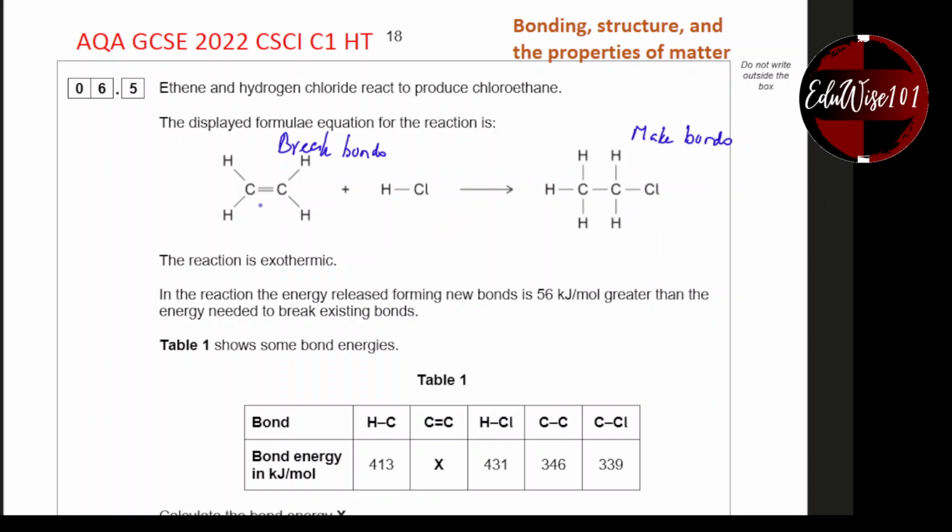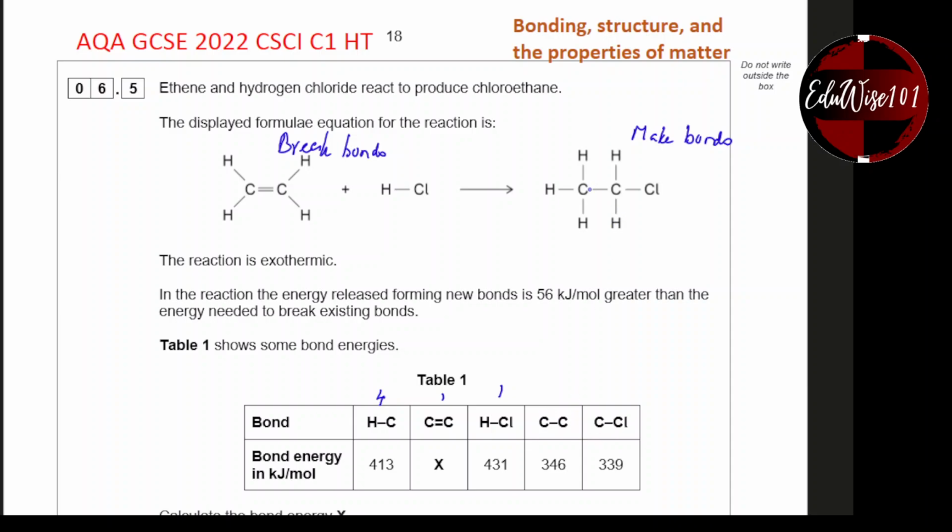Now you have carbon hydrogen bonds, 1, 2, 3, 4 of them being broken, and 1 carbon-carbon bond and 1 carbon chlorine bond. These are the bonds which are being broken.